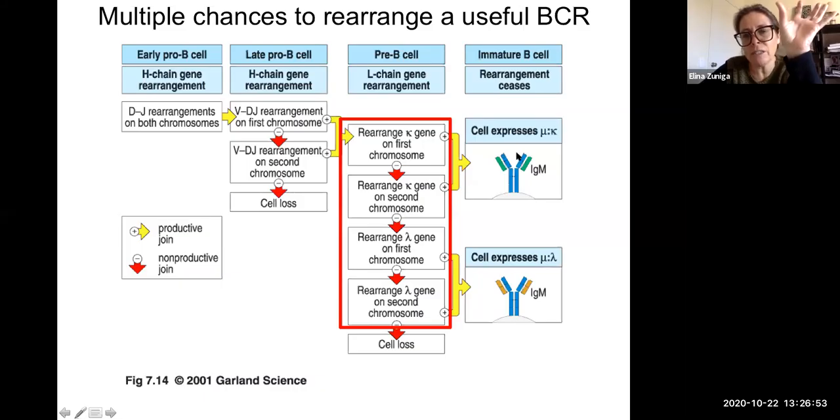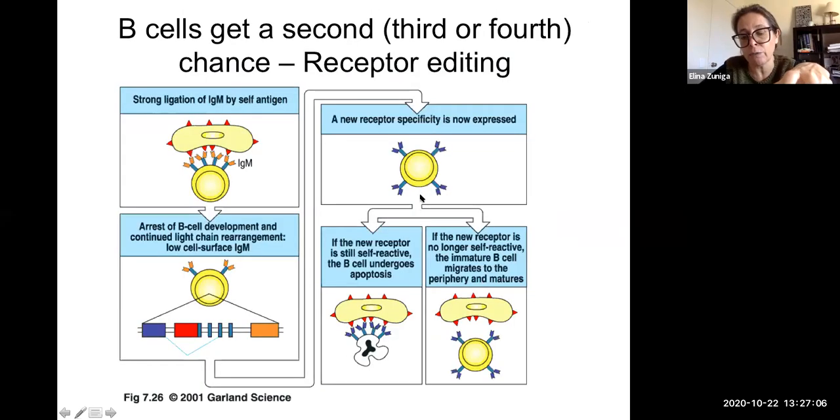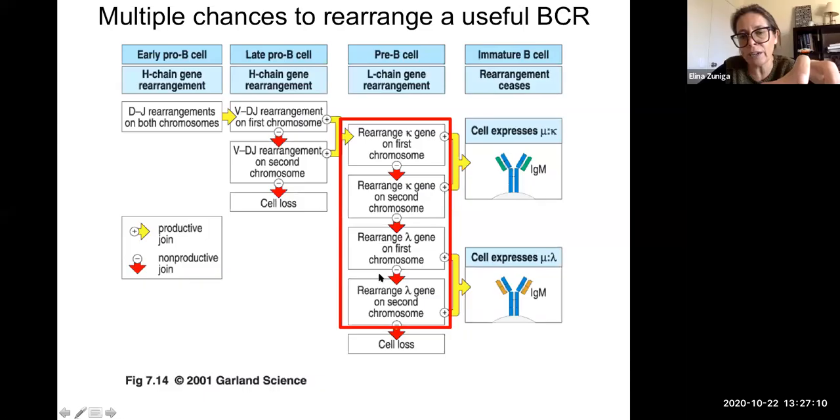When engaged, the self-antigen will arrest the development and it will continue the next rearrangement in the second chromosome of kappa. If this is still self-reactive, it will try another rearrangement, the lambda gene in the first chromosome, and test it again. If it's still self-reactive, it will arrest development and continue rearrangement of the lambda gene in the second chromosome, and test it again.